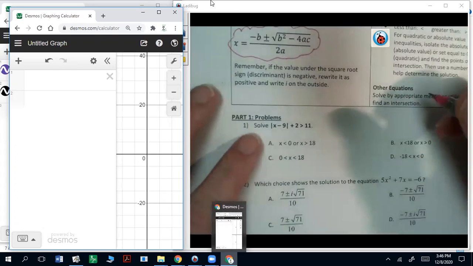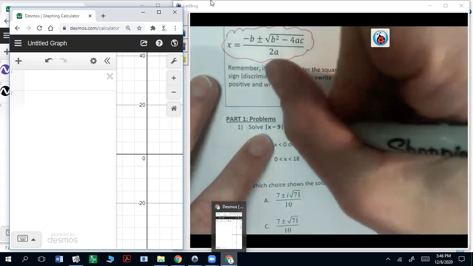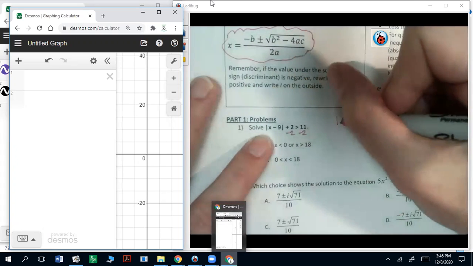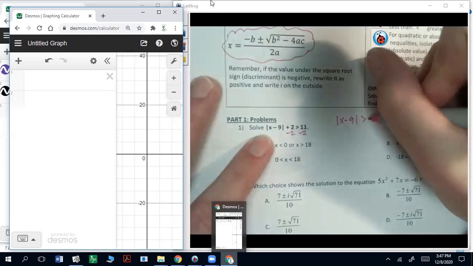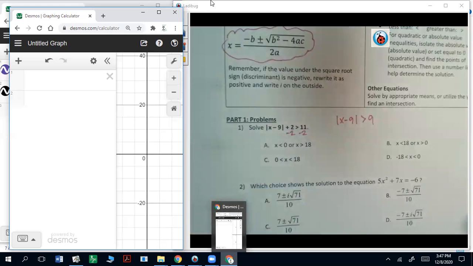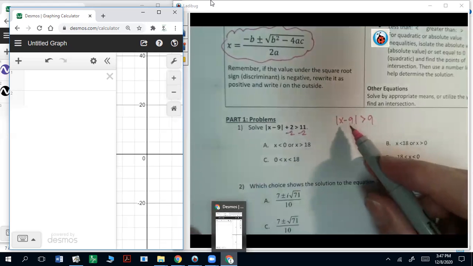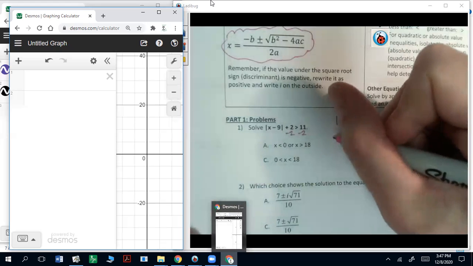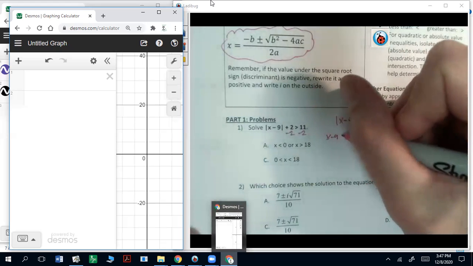Let me show you. First thing you're going to do is get the absolute value isolated. So you've got the absolute value of x minus 9 is greater than 9. To do this by hand, I like to do x minus 9 is greater than 9.